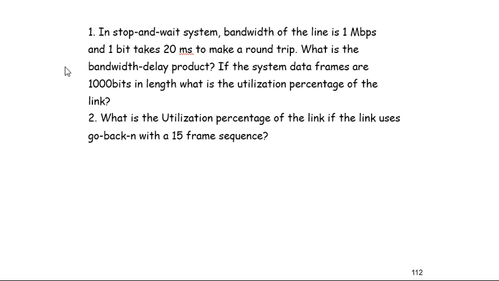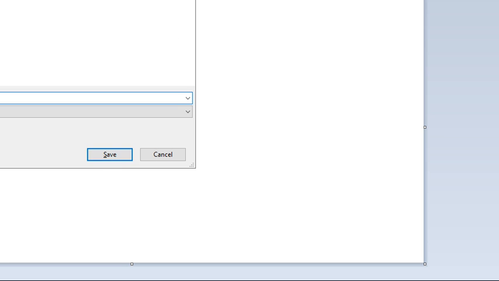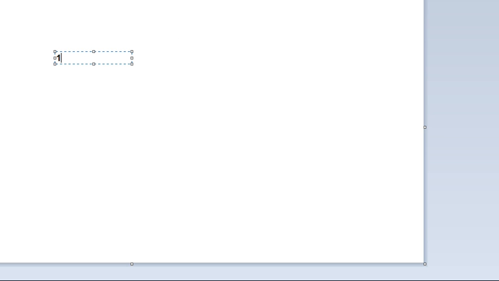Bandwidth cross delay would be 1 Mbps cross 20 milliseconds, which is equal to 1 into 10 to the power 6 into 20 into 10 to the power minus 3.